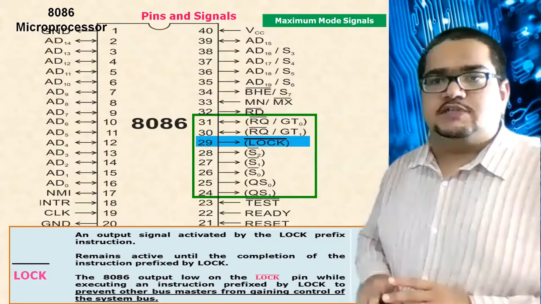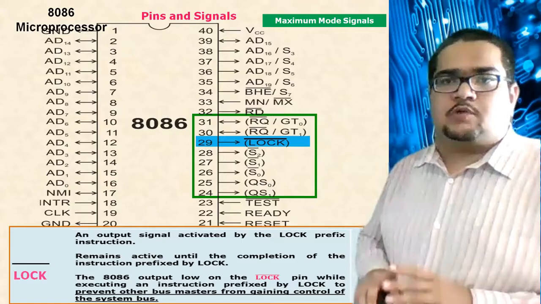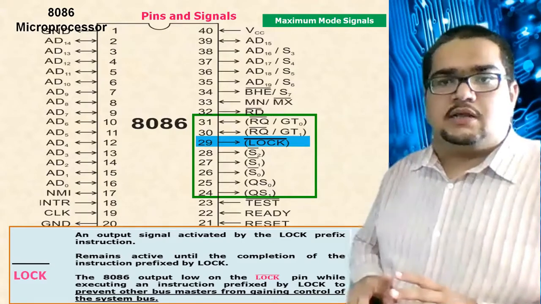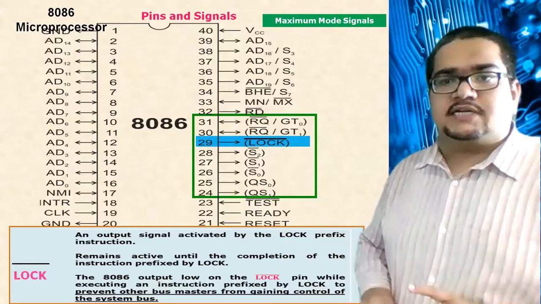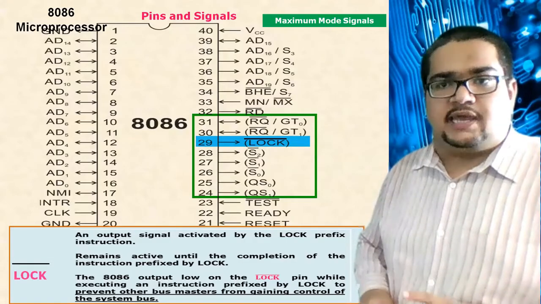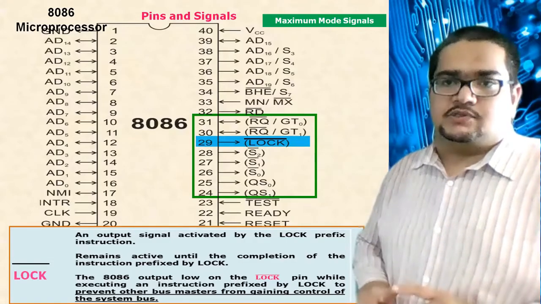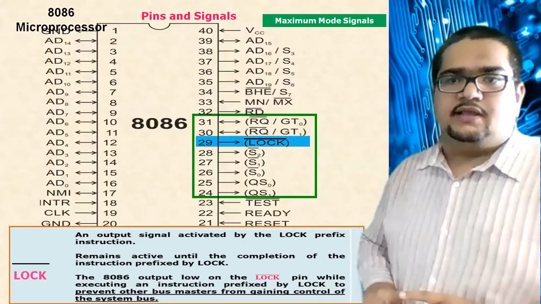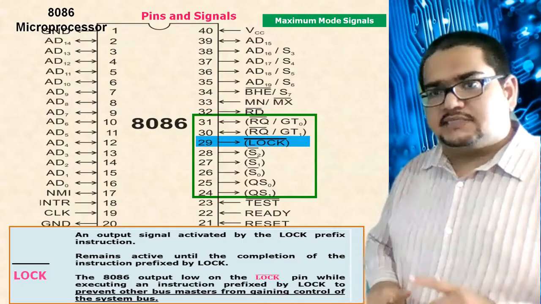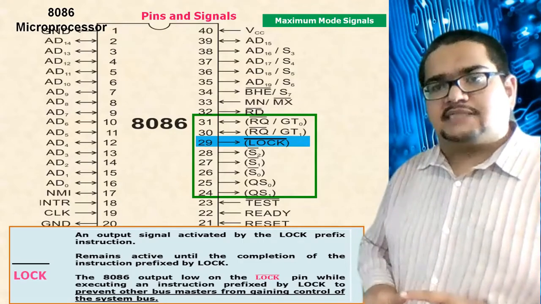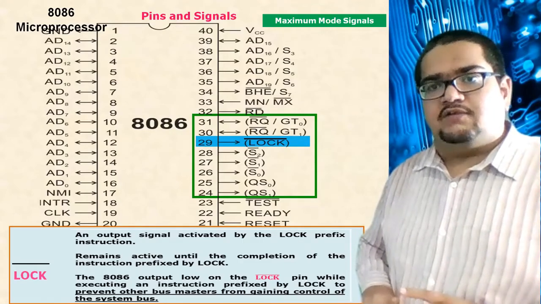This pin is low when the instructions with the prefix LOCK, which are sensitive instructions, are being executed by that processor, and at that moment the access of the system bus cannot be taken away from that processor.